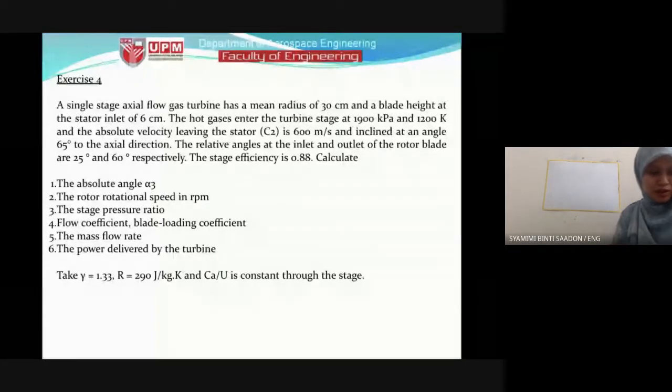First, we have beta 2 and beta 3, 35 degrees and 60 degrees.